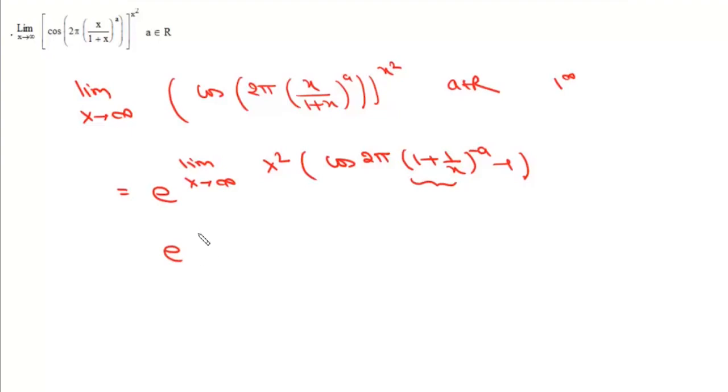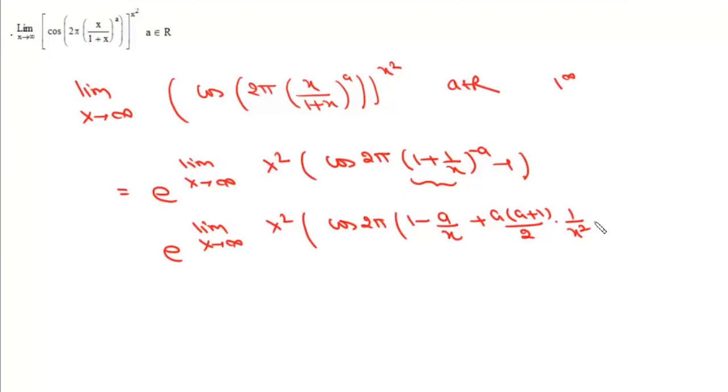So it will be e and then this limit x tends to infinity and then x square, and we can write this as cos 2 pi (1 minus a upon x, and then it will be minus a minus 1. So it will be a into a plus 1 upon 2, 1 by x square and plus higher powers of x) and then minus 1.